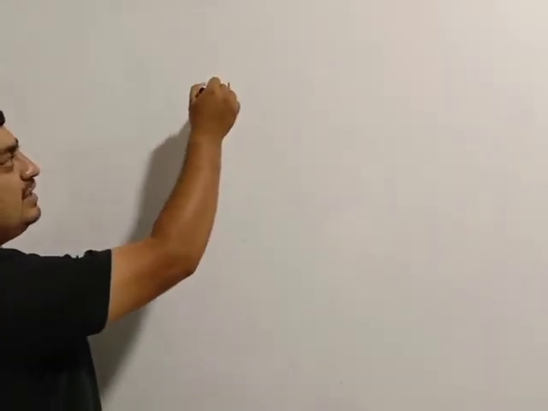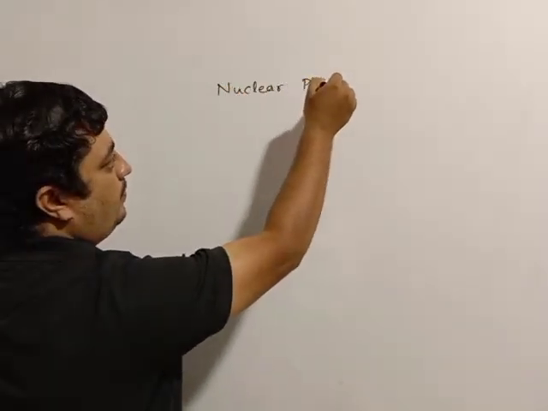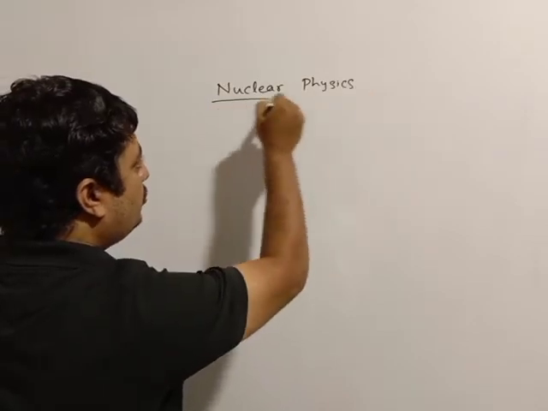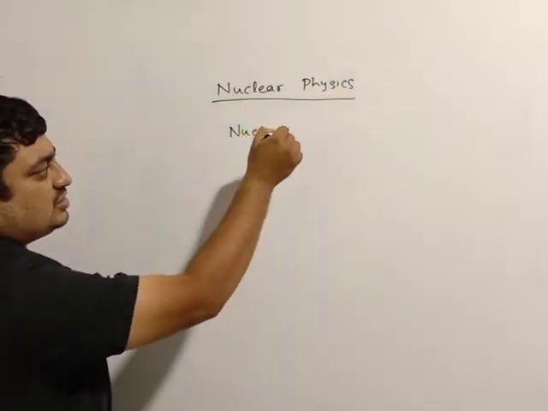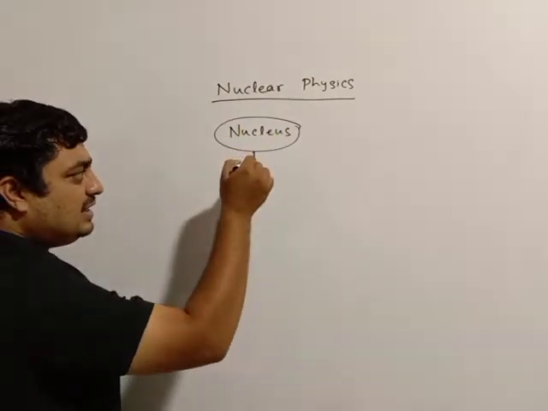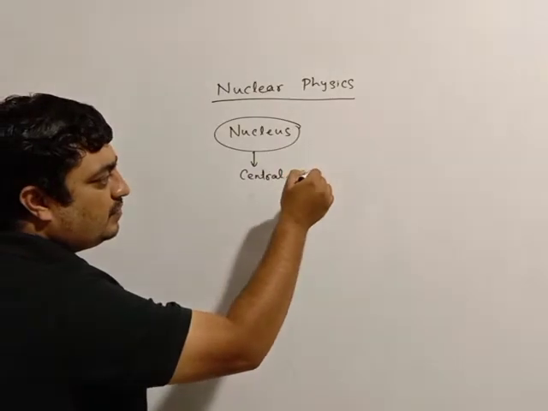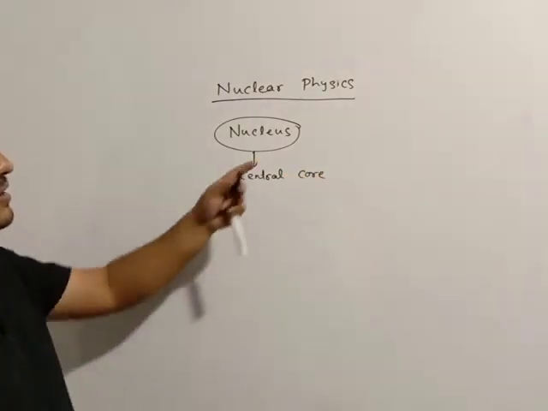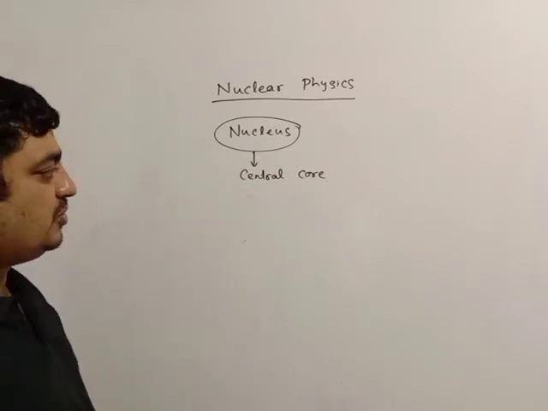So, students, today we'll start nuclear physics. First we have to understand the nucleus. It is the central core part of the atom, as we have studied in Bohr's model or Rutherford's model.